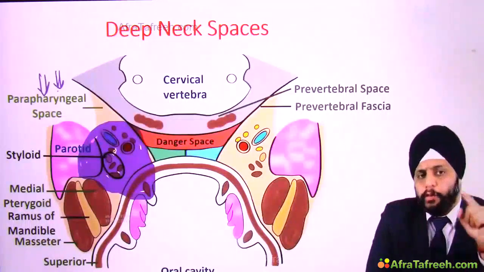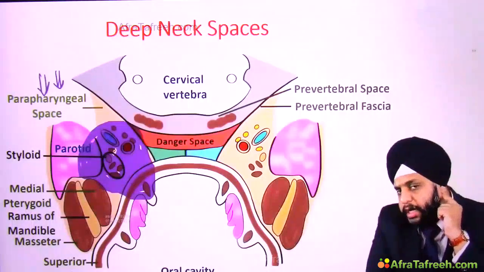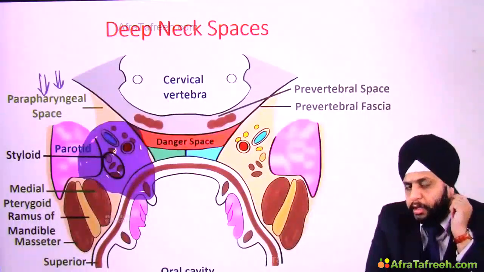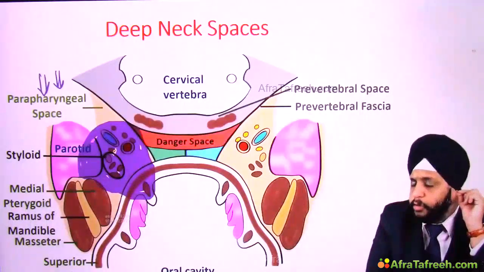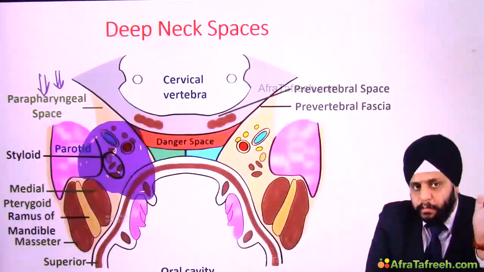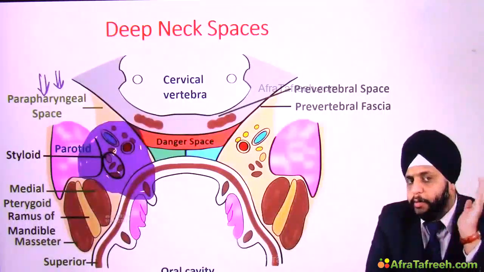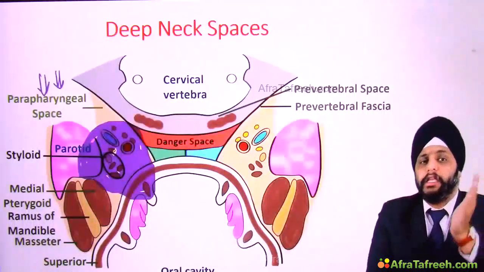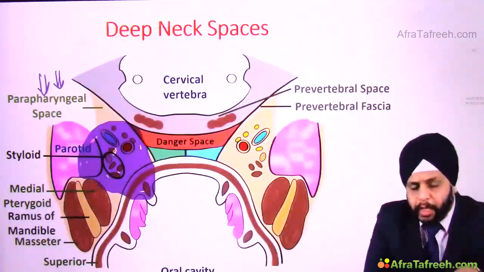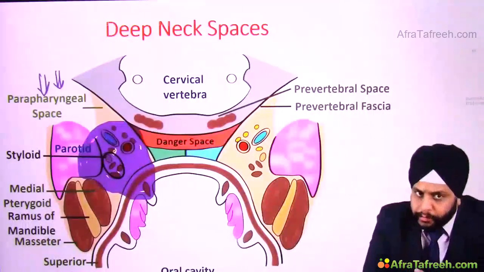The superficial lobe of a parotid gland tumor will appear over here just below the earlobe. It will push the earlobe laterally and up, whereas a deep lobe of parotid gland tumor will appear in the parapharyngeal space and it may also appear in the lateral pharyngeal wall.